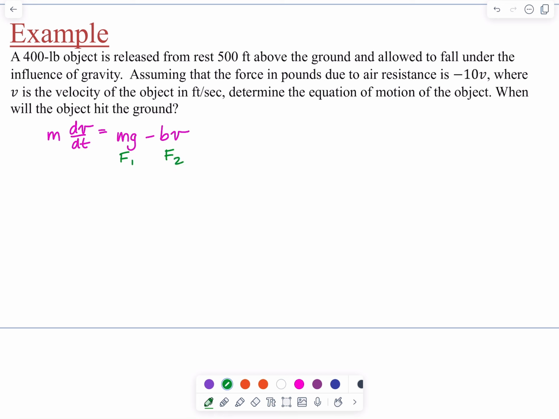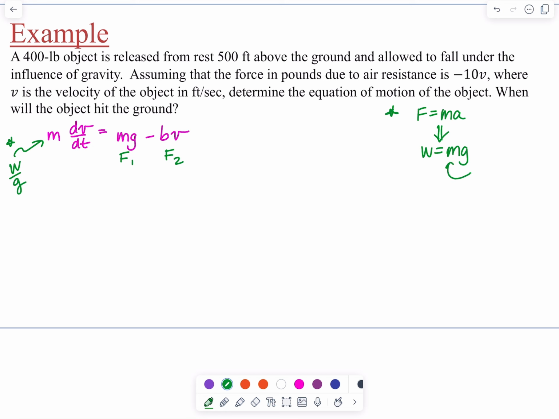Now, what we notice here, though, is we will need mass. And this mass is going to be the weight divided by the gravity. And I'm going to put a little star over here because what we normally have is F equals mass times acceleration. Now we have the weight equals the mass times the gravity.